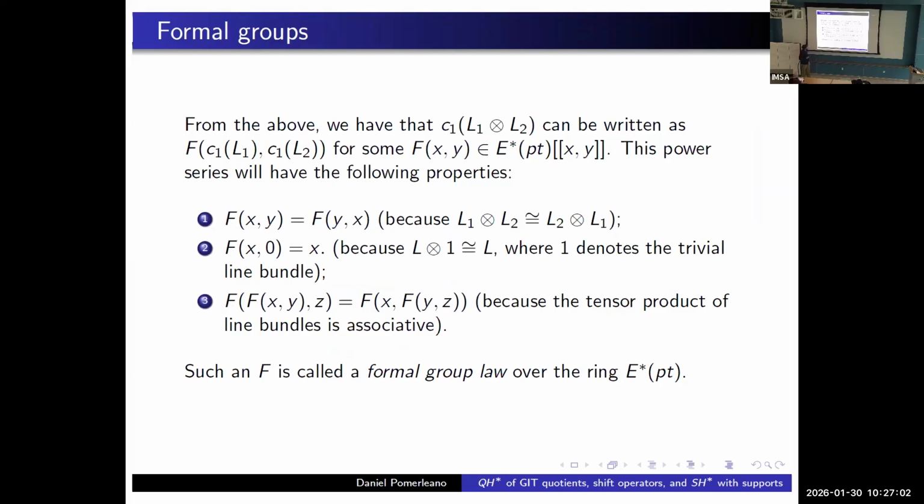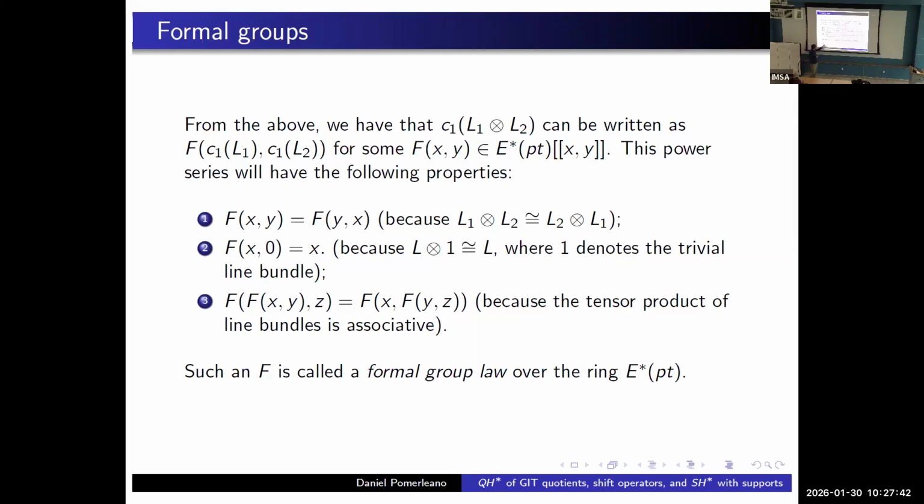The most important thing associated to these cohomology theories is their formal group law. That tells you how the Chern class of a tensor product of line bundles behaves. In particular, it's going to tell us what the Chern class of one of these representations should be.